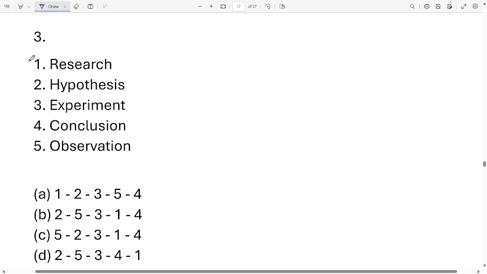Okay, so let's start. First will be research. Second will be your hypothesis. Third will be your experiment. Fourth will be your observation, and then it will be your conclusion. So our combination is 1, 2, 3, 5, 4, which is option A.